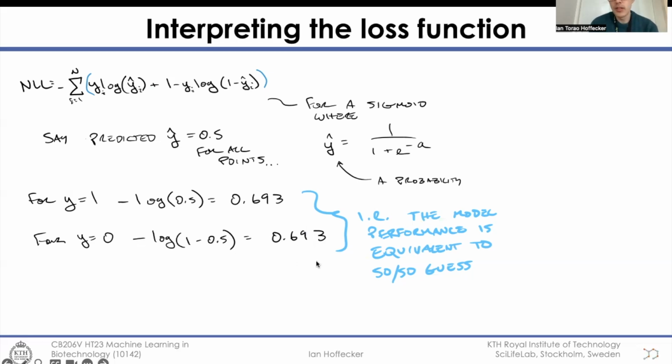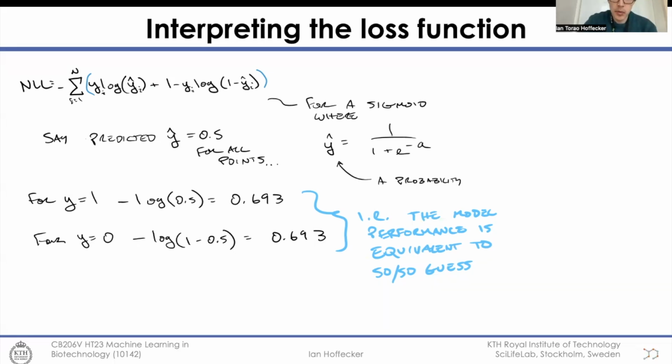So this corresponds to a loss function value for a model that's performing equivalent to a random guess, a 50-50 guess. So we're looking for performance that's better than this. So we want to see a loss function value that's lower than 0.693.